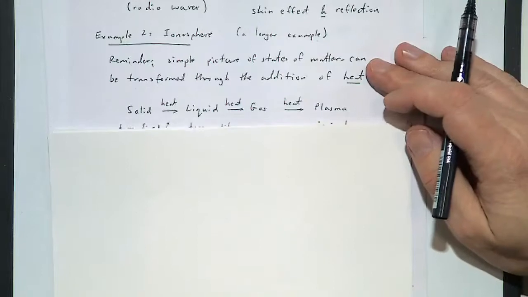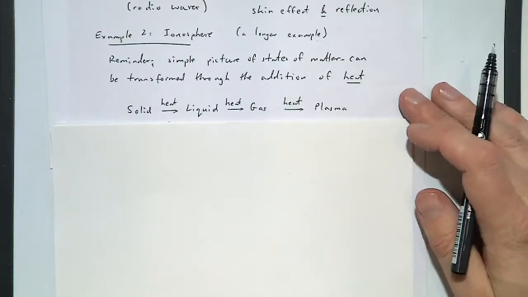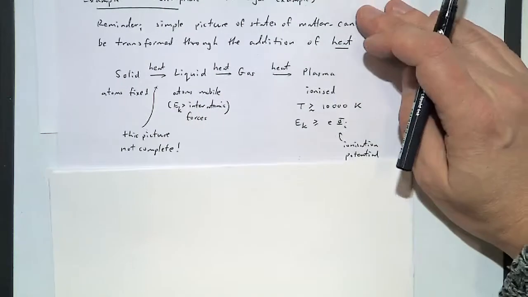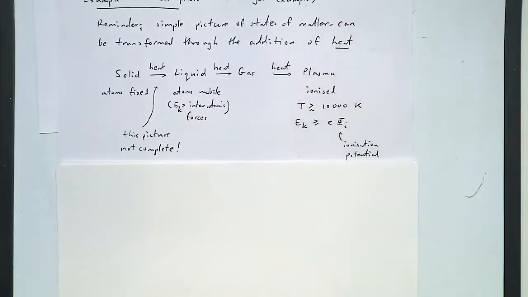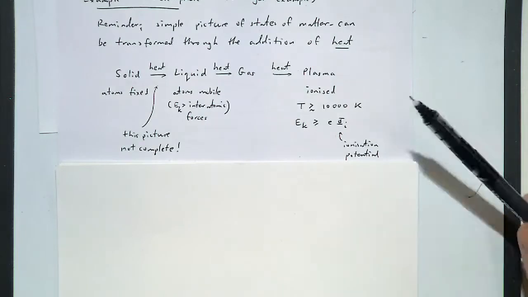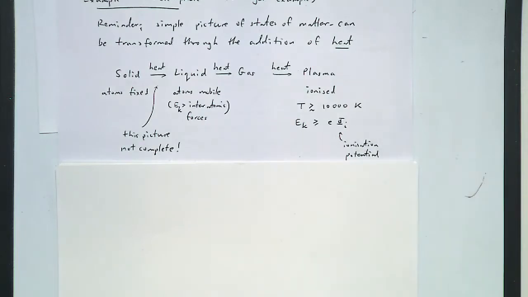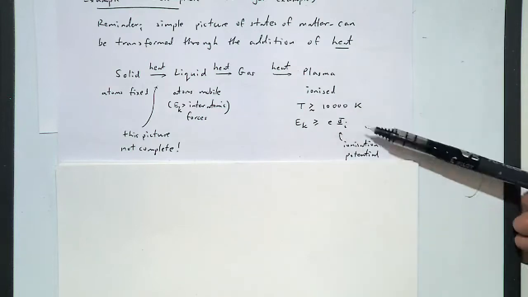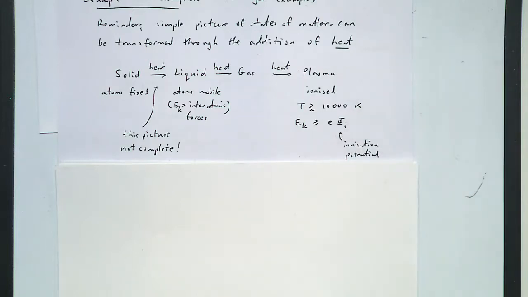Now clearly, the kinetic energy and the temperature are related to each other. So if we were to write down a relationship, the typical kinetic energy of the electrons or any of the materials in the plasma must be comparable to the ionization potential.